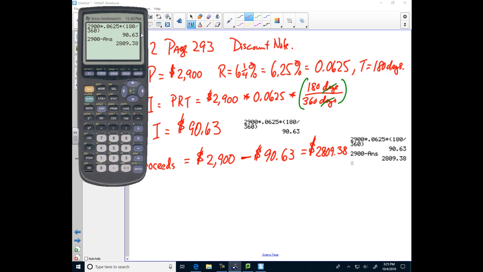Let's see if we can find a T-bill problem. How about 1112? Okay, 1112 is a more complete way of looking at the T-bill problem.